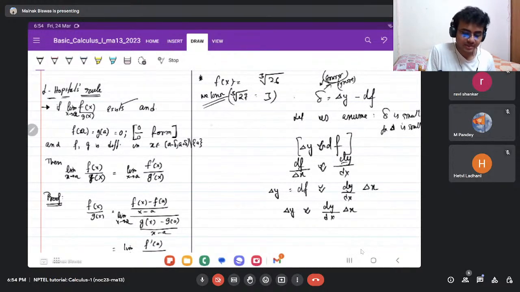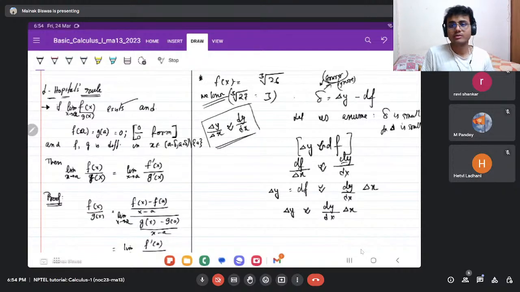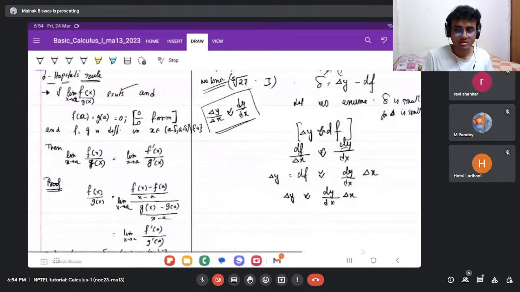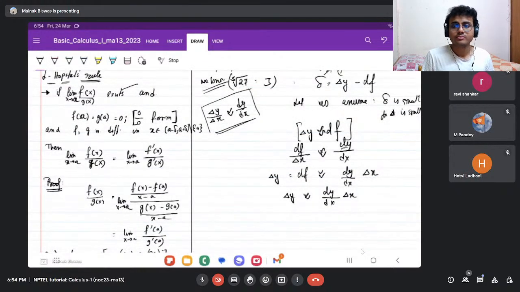So basically I am approximating this ratio as a derivative. This is more intuitive to remember, right? Understood? If you have a doubt, you do the next step. If you don't have a doubt, you just tell me what would be the next step. What should I do next?